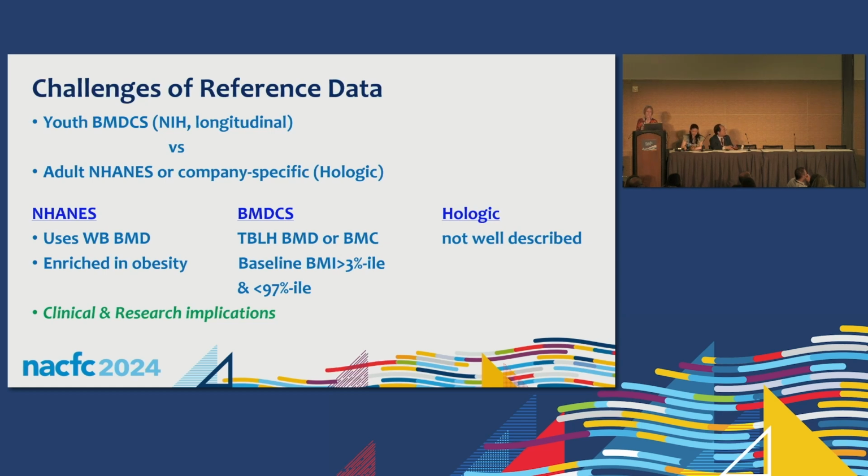For BMDCS, we tend to use total body less head or BMC. And the logic of that reference data is, I think, less well described. The reason I bring this up is that if you have an 18-year-old who has a DEXA, and then all of a sudden he's 22 and has a DEXA, your Z-scores may not be the same. And so you need to think about that because the references are different.